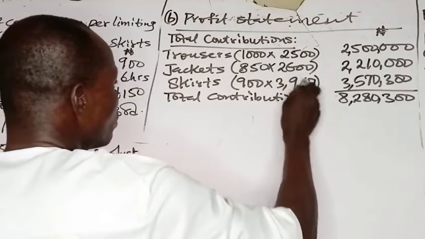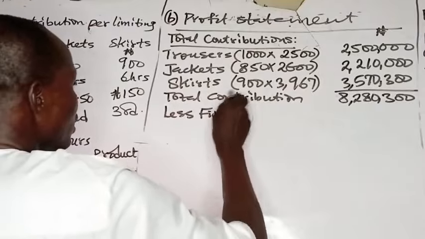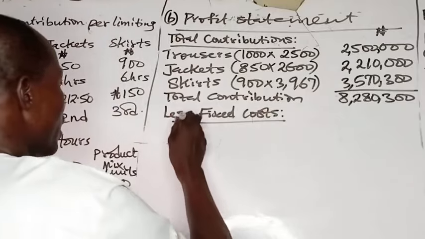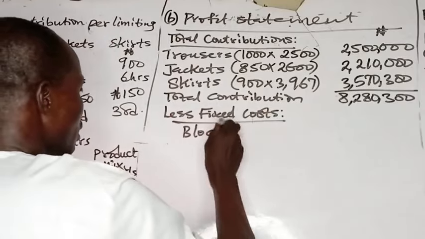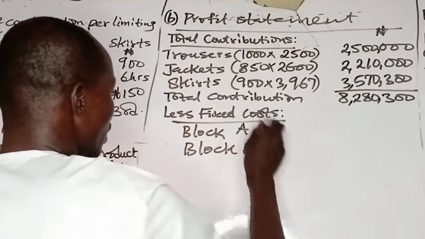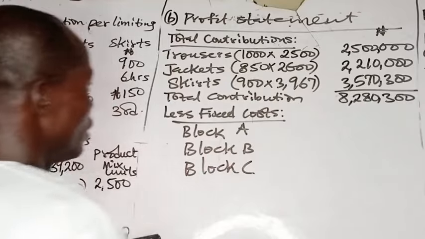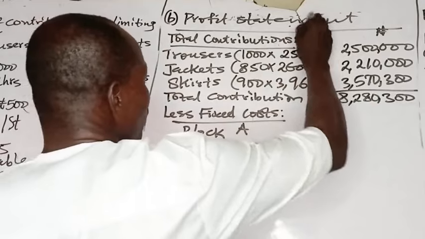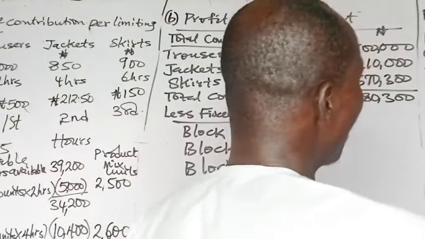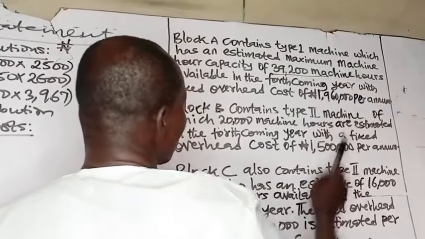From the total contribution, you less the fixed cost. We have block A, block B, and block C. The fixed cost from block A is 1,960,000.